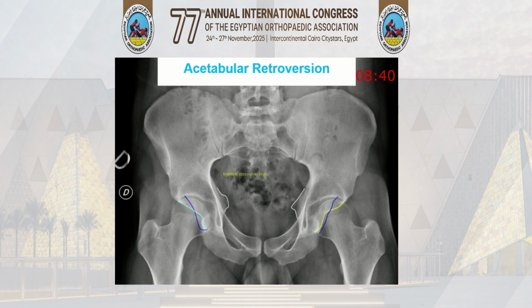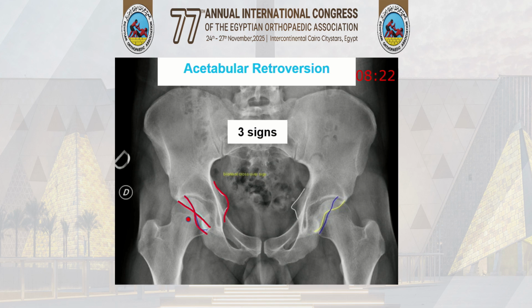Acetabular retroversion: to diagnose acetabular retroversion, we need to have three signs. First is the ischial spine sign. The second is the crossover sign, more than 1 centimeter from the top of the acetabulum, to differentiate it from cranial retroversion.